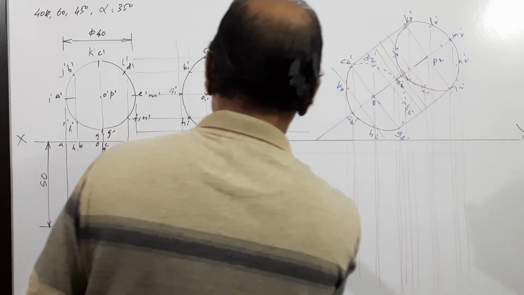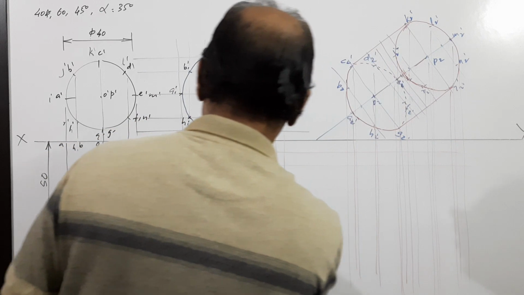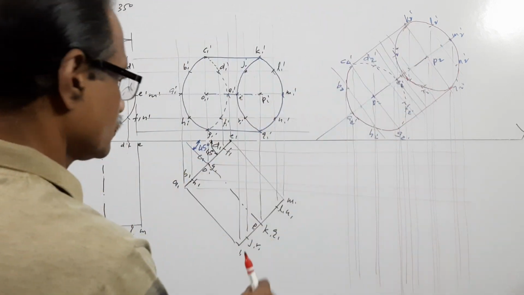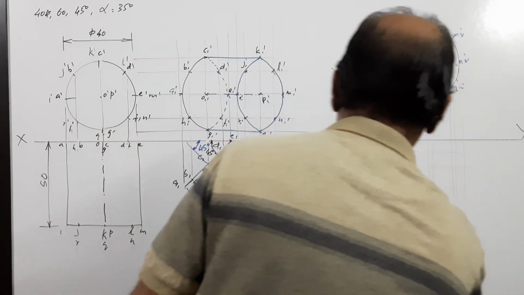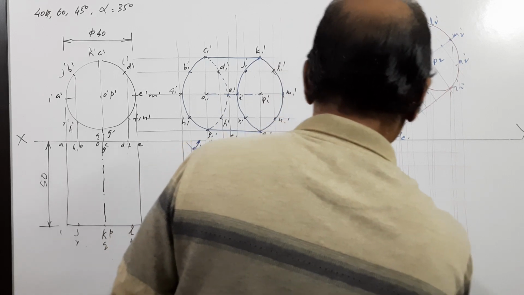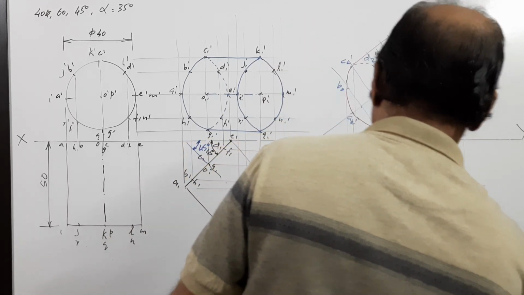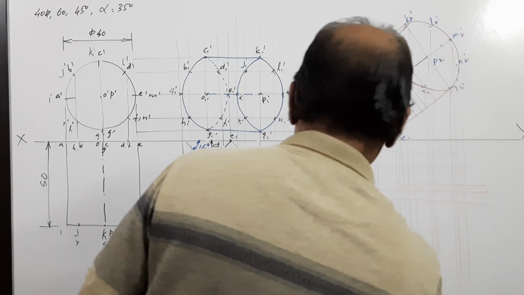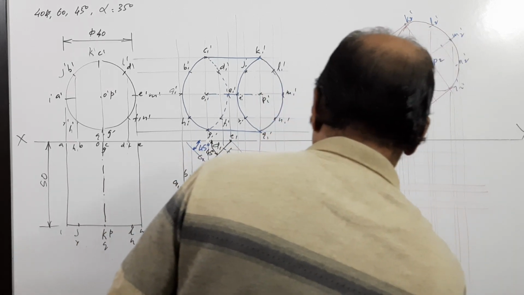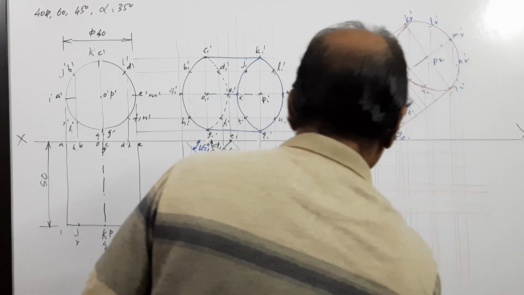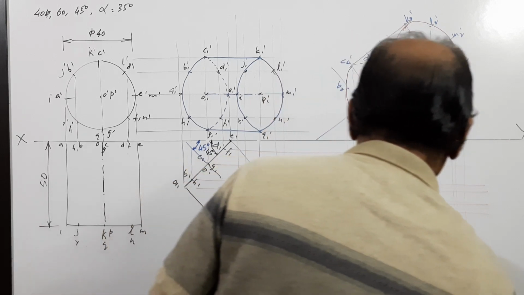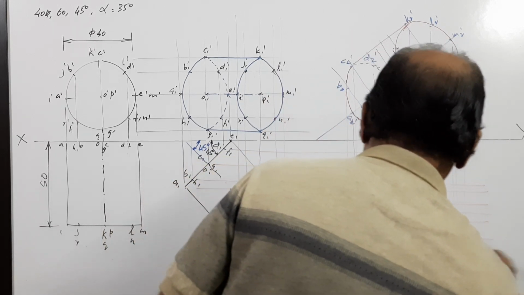Horizontal lines. Since I am not following dimensions, there will be differences, but when you draw this to dimension, you will get them perfectly well.